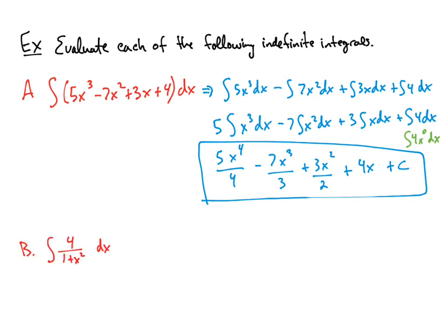All right, next we have the integral of 4 divided by 1 plus x squared times dx. So I'm going to factor out the 4 here. I'm left with 1 over 1 plus x squared dx. And hopefully this looks familiar to you. This is the derivative of the inverse tangent function.